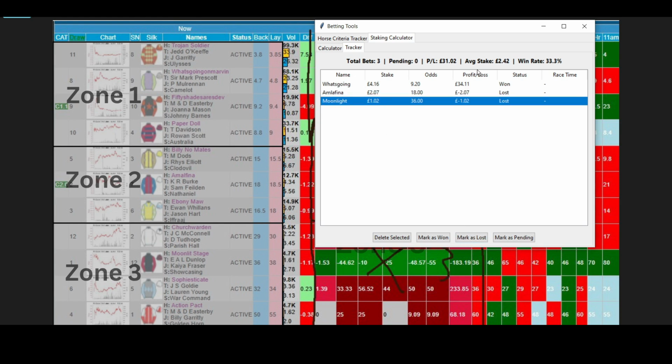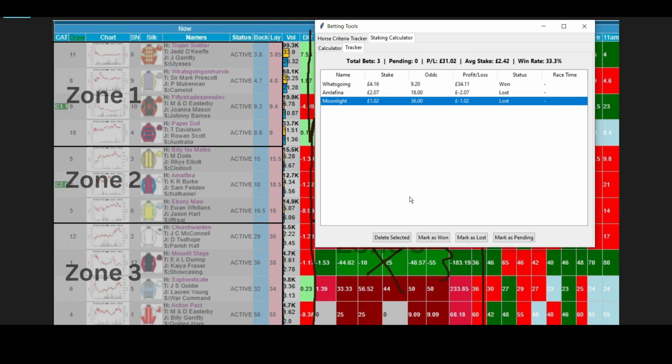Now, instantly what that does is it tells us that we've won £31.02, but we've also lost £3.09 on the other selections. So this is how it works. You can see that if we're backing a horse that's going to be in the favourite zone 1, we're going to be backing more money. And if we're backing zone 2 and 3, we're going to be ratcheting down our stake.